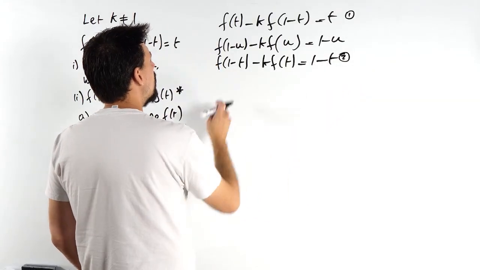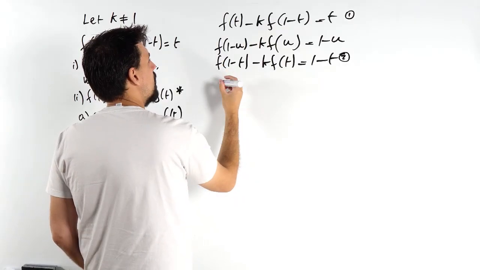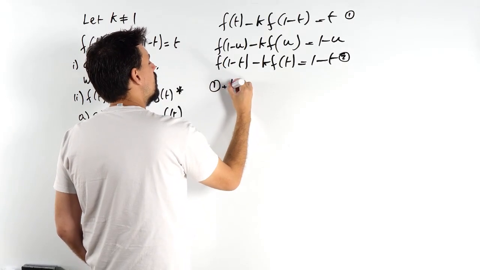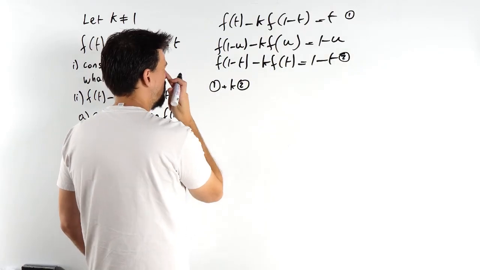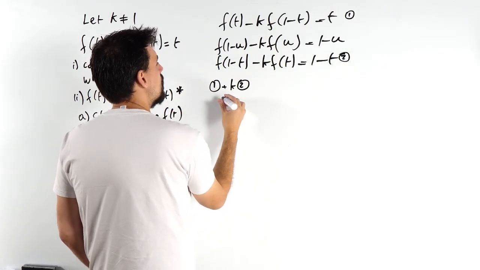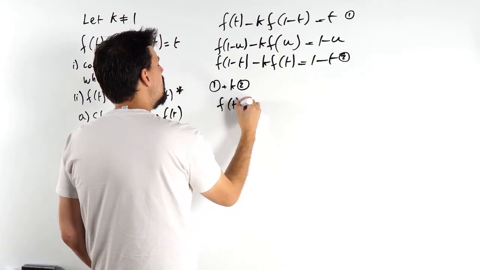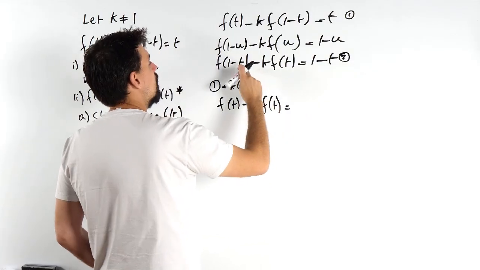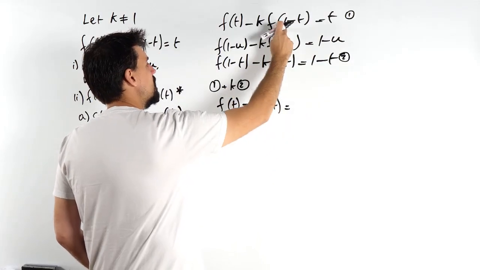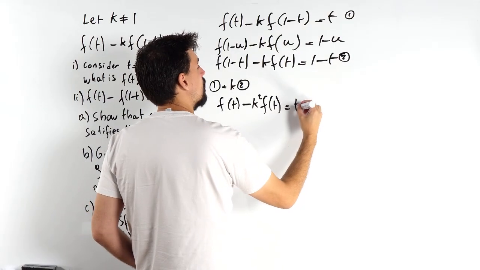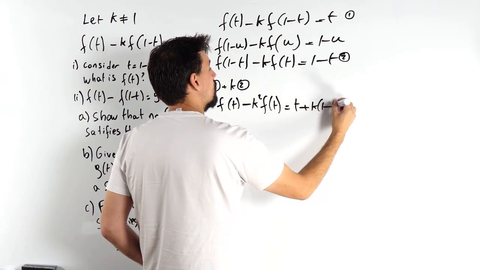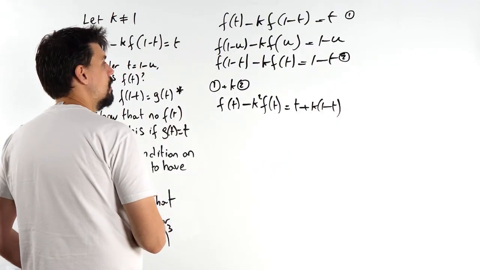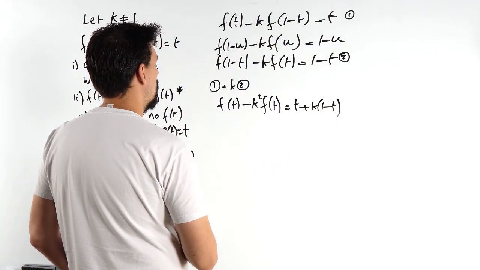So what I would quite like to do is get rid of the f of 1 minus t. So I'm going to do equation 1 plus k times equation 2. So that will give me f of t minus k squared f of t. The f of 1 minus t's will cancel out. That's equation 1 plus k times equation 2.